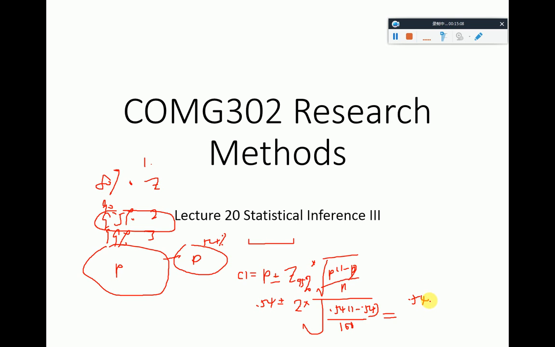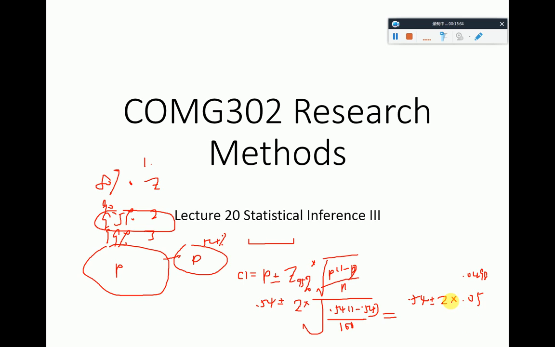0.54 plus minus 2 times, according to my calculation, this standard error is about 0.05, right? 0.049 something, 0.0498. So that's about 0.05.